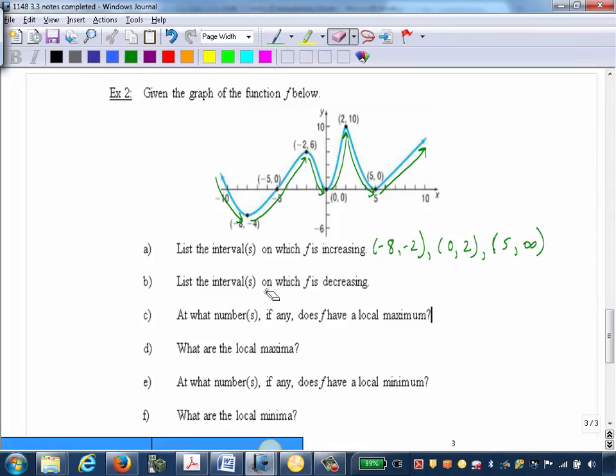Now, my intervals of decreasing. Now I'm looking on my graph here that I marked for down arrows. I've got a down arrow here, here, and here. My first region starts all the way left, which is negative infinity, and it goes all the way to -8. So my first region, I'll describe parenthesis negative infinity, comma, -8.